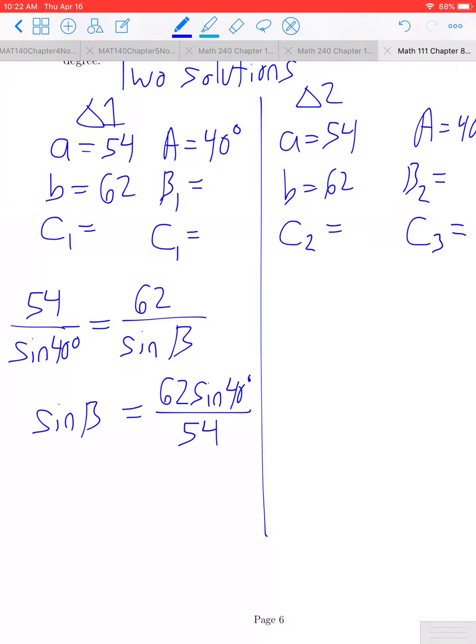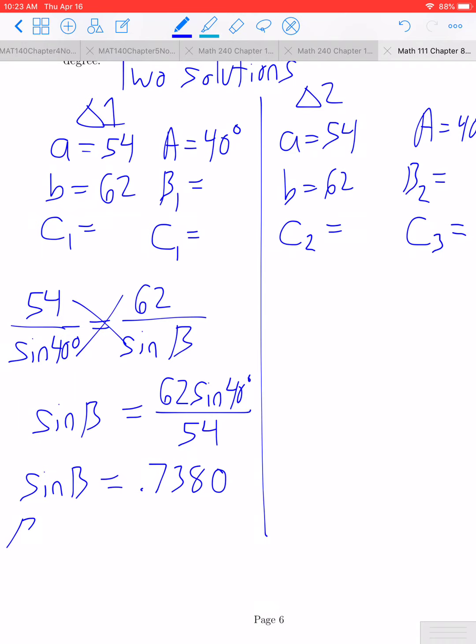Alternatively, an easier way, and perhaps a better way to explain it, is you could always cross multiply and divide. You would take 62 times the sine of 40, divide that by 54, and that's what you would get for the sine of B. We can plug this into our calculator. 62 sine 40 divided by 54 would give us about 0.7380.